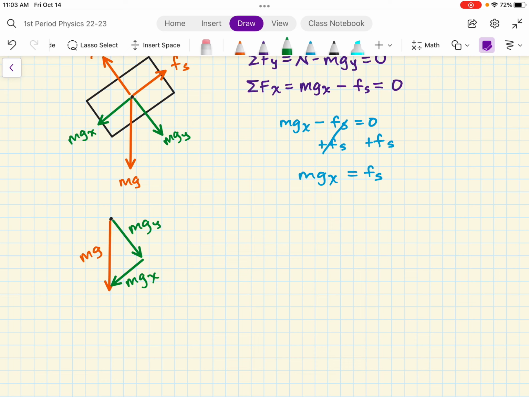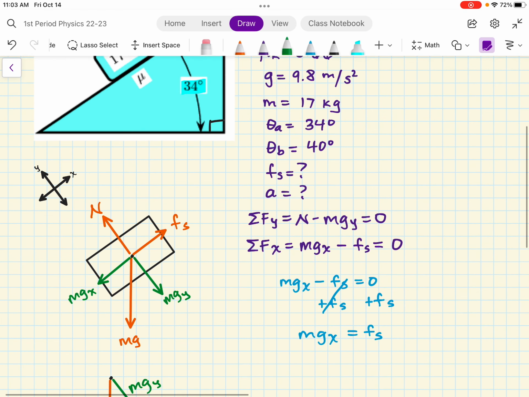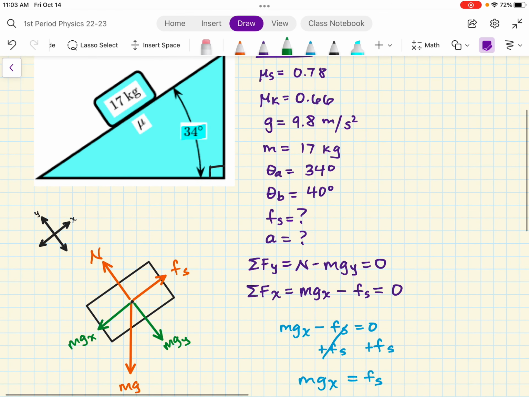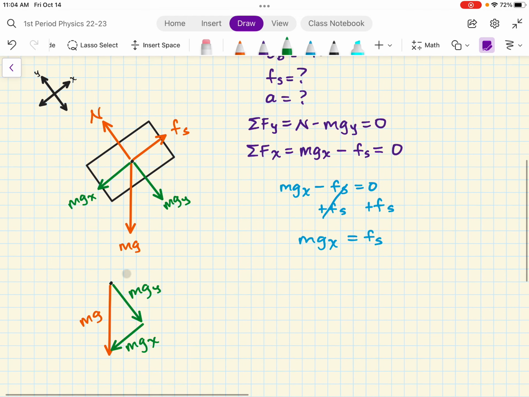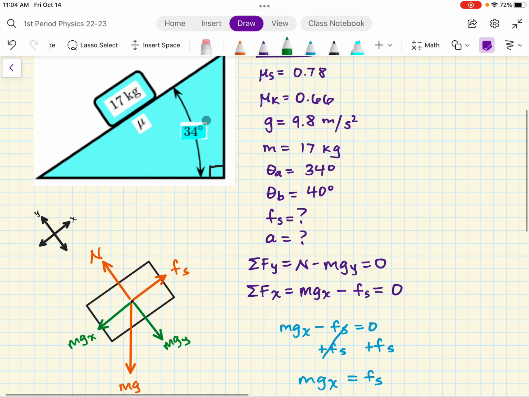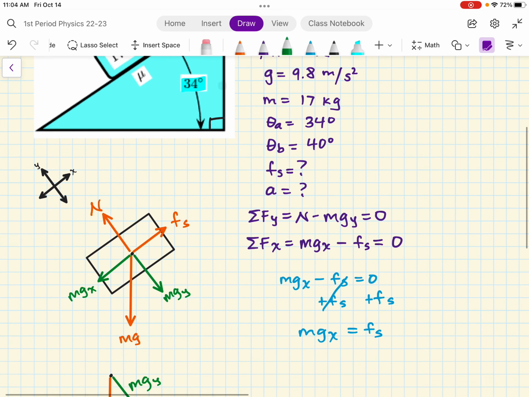In this case, now we need to identify theta, because I'm pretty sure you're able to identify the right triangle we have here. And this right triangle is based on the incline. What I tell my students is to try to picture this triangle in the same way as you're picturing this incline plane.